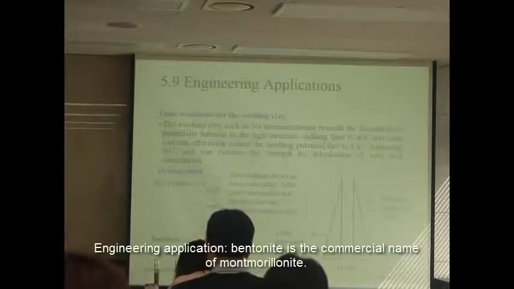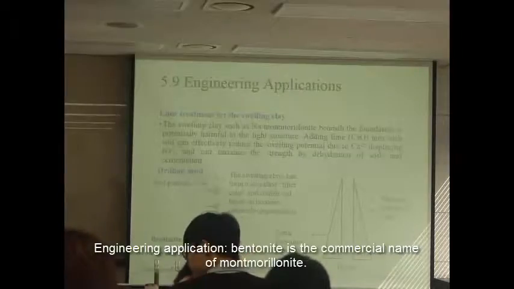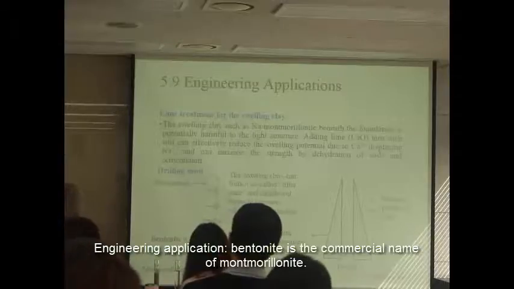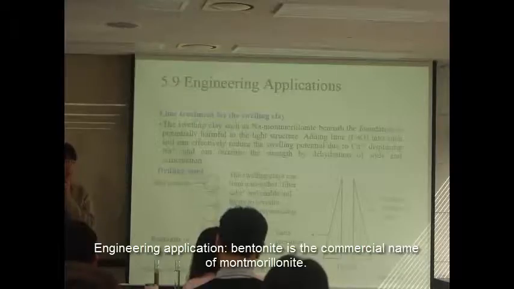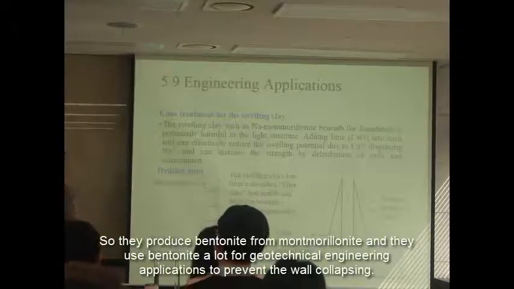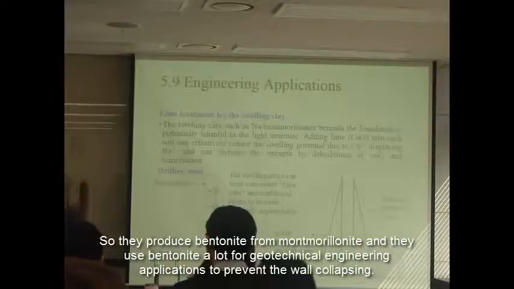And engineering application. Actually, have you heard of bentonite? No. Bentonite is a commercial name of montmorillonite. They produce the bentonite from the montmorillonite layer, and they use this bentonite a lot in geotechnical engineering to prevent the wall from collapsing.